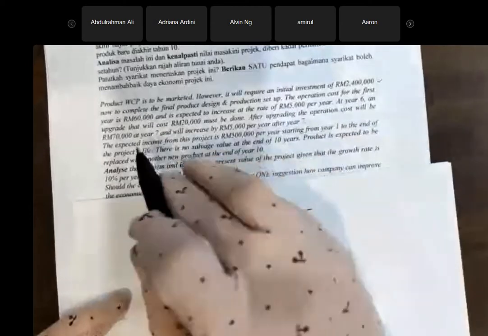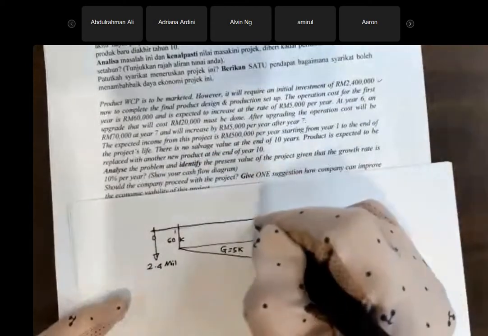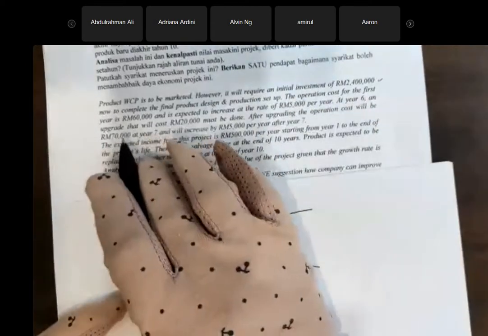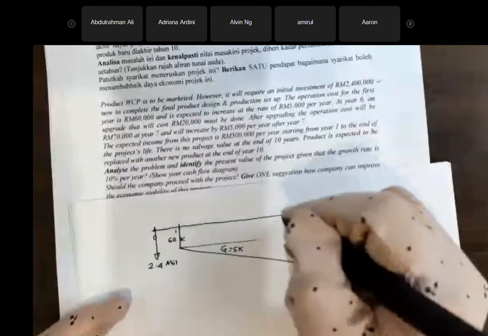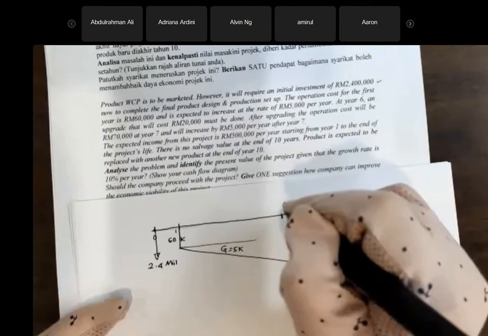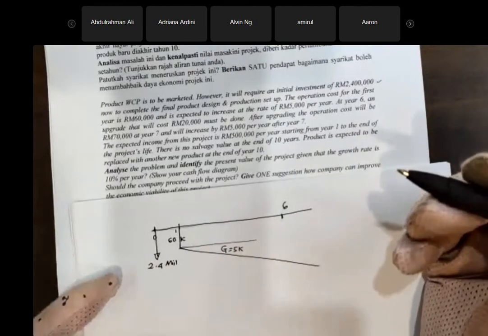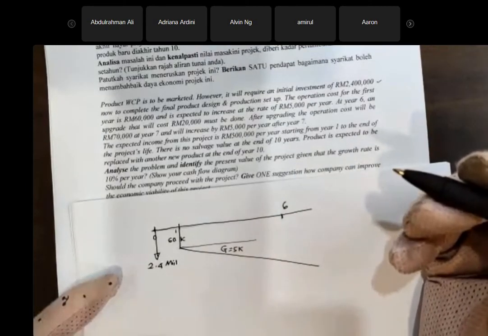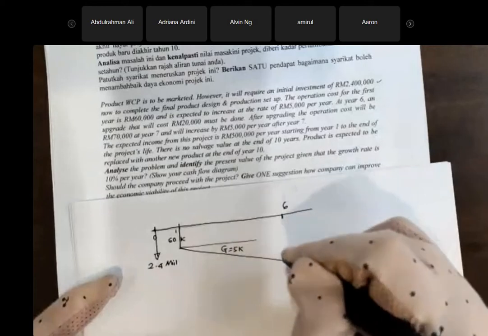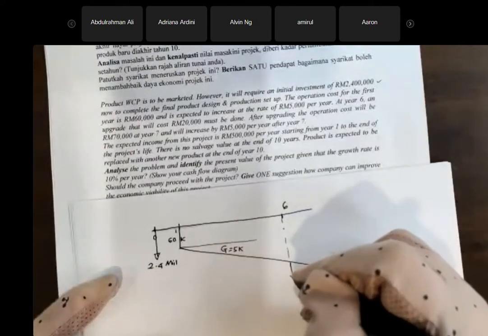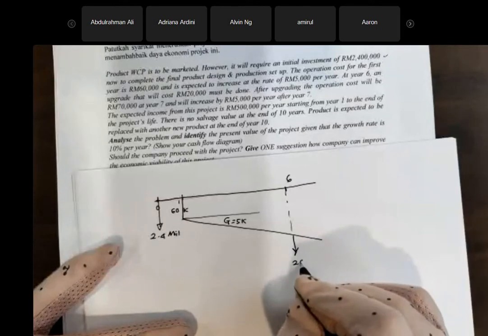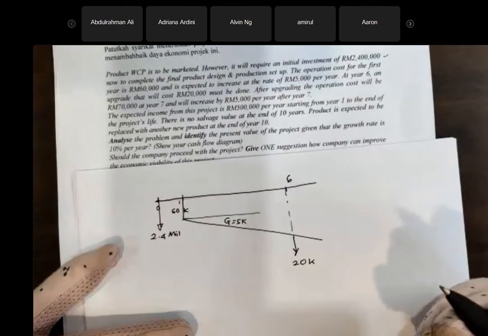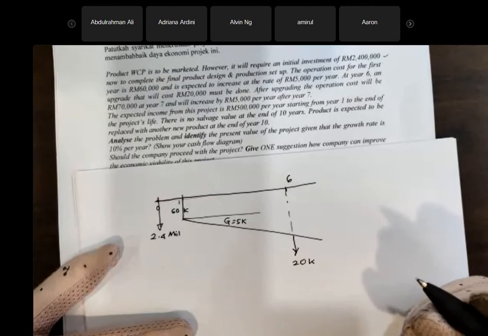At year 6, an upgrade that will cost 20,000 must be done. Okay, at year 6, an upgrade that will cost 20,000. That means we have 20,000 must be done.